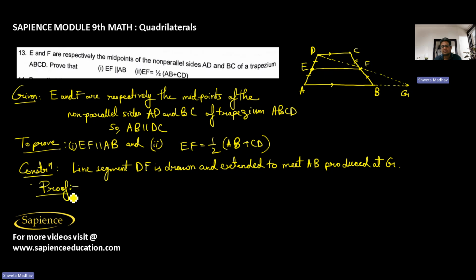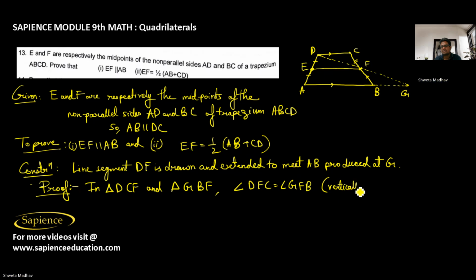In triangle DCF and triangle GBF, angle DFC is equal to angle GFB, since vertically opposite angles are equal.